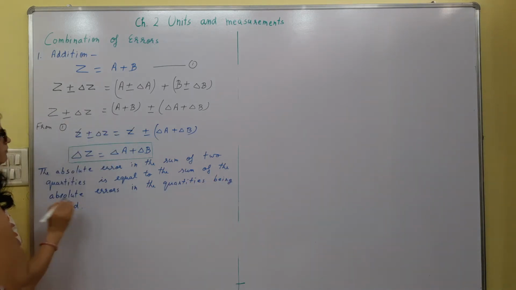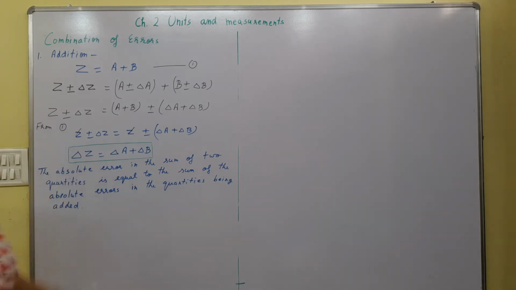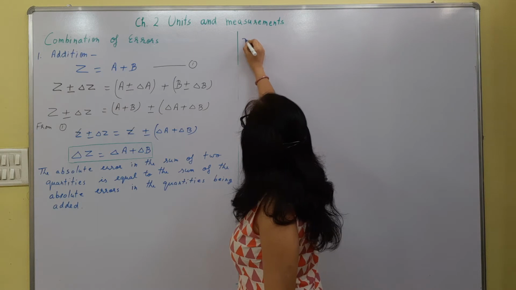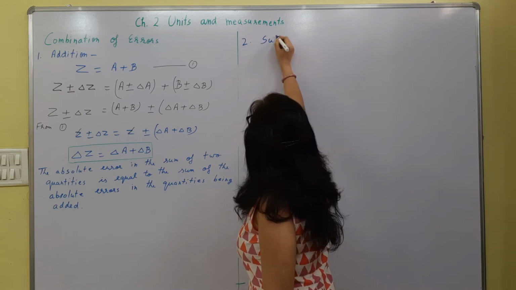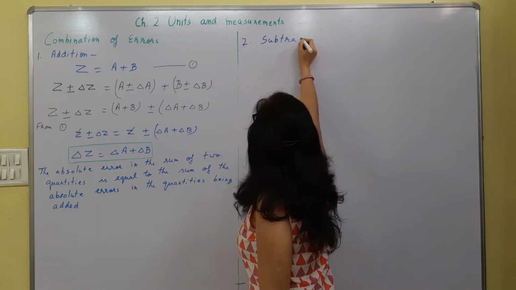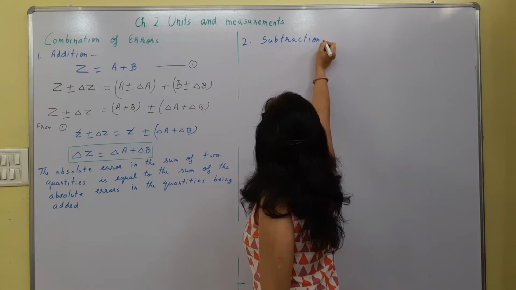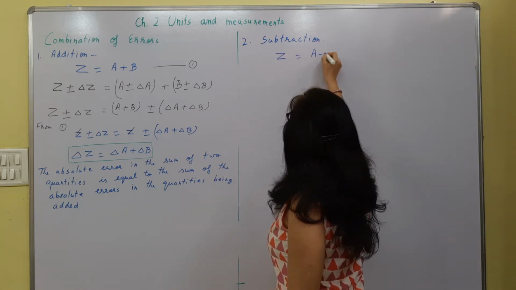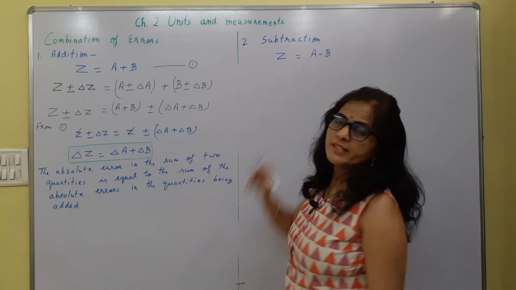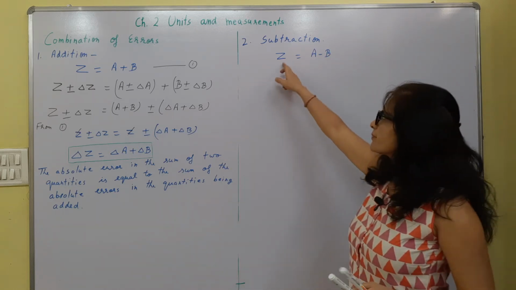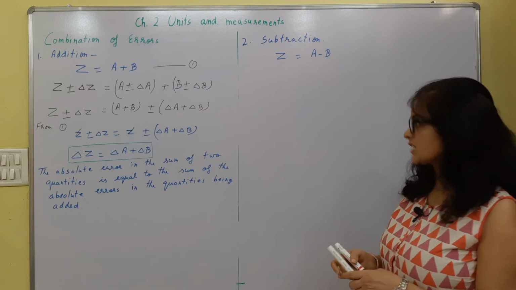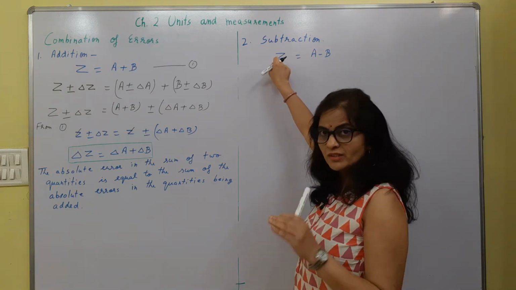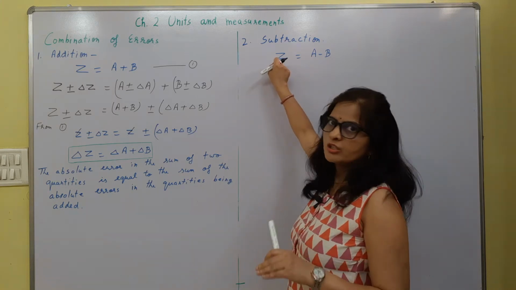added. Similarly, we can find the error in the subtraction. So second one is subtraction. So if I am writing Z is equal to A minus B, if these quantities are not having error, then the subtraction will not have any error. But if these quantities are having errors, then the resultant which we'll get by subtracting these will also have an error.